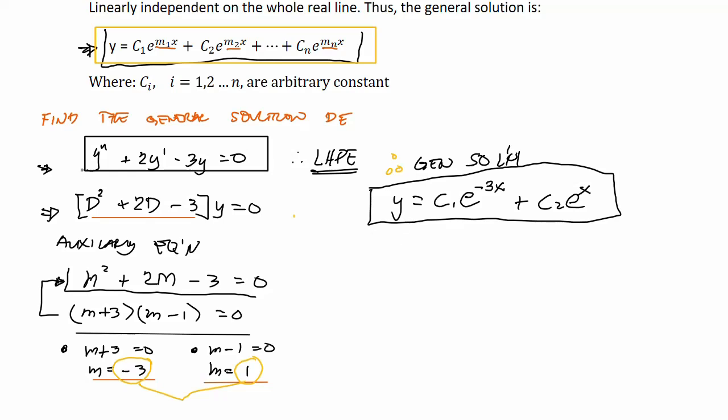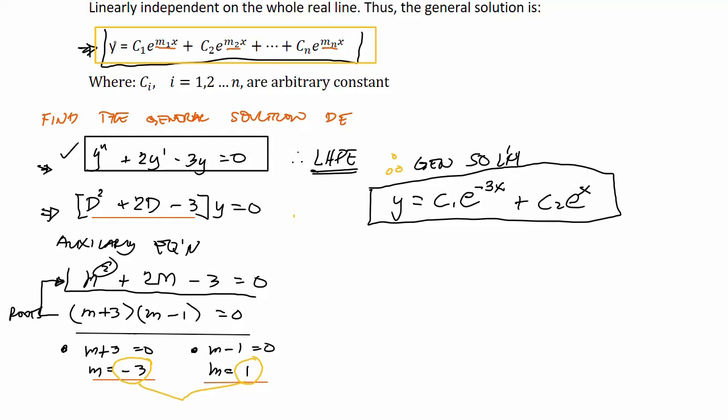Once again, we first check if this qualifies as a linear homogeneous differential equation, then we get the differential operator, convert it into the auxiliary equation in m, then find the roots. Since we have second order here, you expect to have two roots: m is equal to negative 3 and m is equal to 1.